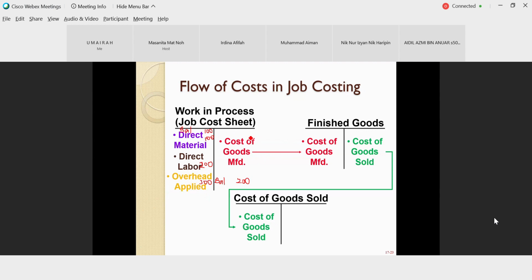Okay. So yang ini cost of goods manufactured ni 500 lah kan? 500. So dipindah masuk ke finished goods, so 500. Finished goods ni pula katalah dia ada balance of 500.